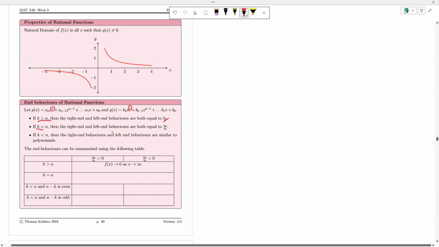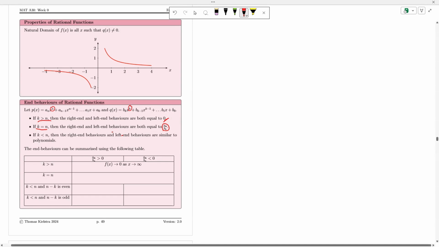If n equals k, then the right end behavior and left end behavior are both equal to the leading coefficient an divided by the leading coefficient bn. Whereas if k is less than n, or the degree of the polynomial on top is greater than the degree of the polynomial on the bottom, then the right and left end behaviors are similar to polynomials.